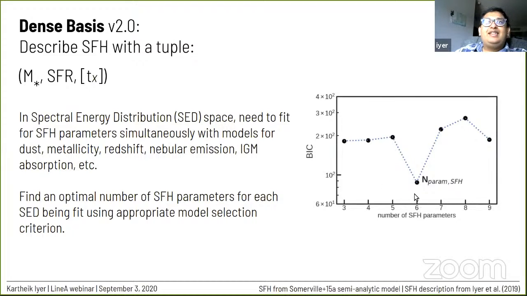So for each SED, we find the number of star formation history parameters by having a term that accounts for the increased number of degrees of freedom when we increase the parameters, as well as a penalty term for adding new parameters to find what's optimal. So this makes this sort of star formation history reconstruction future proof, because now you can estimate as much information as an SED has to offer.